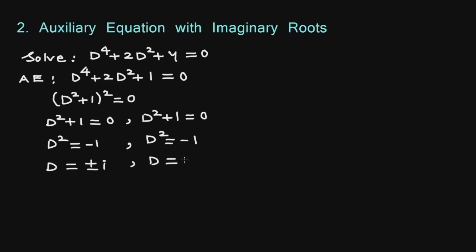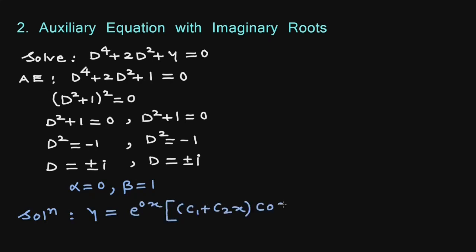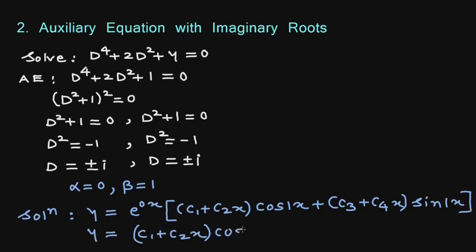Here the imaginary roots are repeated twice. Alpha is 0, beta is 1. The solution is y equals e raised to 0x [(c1 plus c2x) cos 1x plus (c3 plus c4x) sin 1x], which is y equals (c1 plus c2x) cos x plus (c3 plus c4x) sin x.